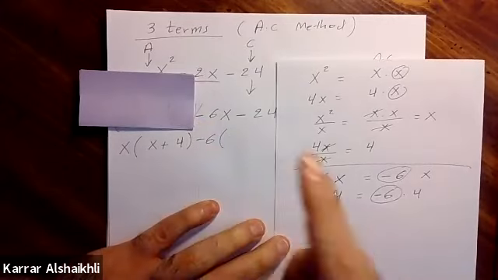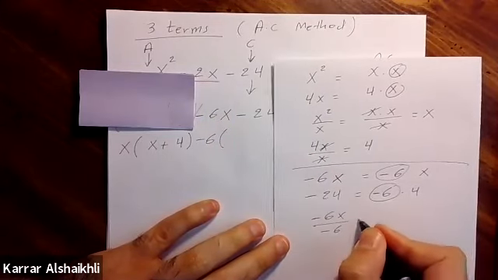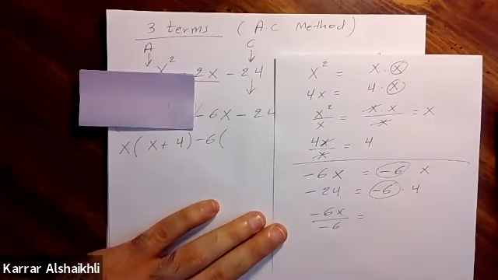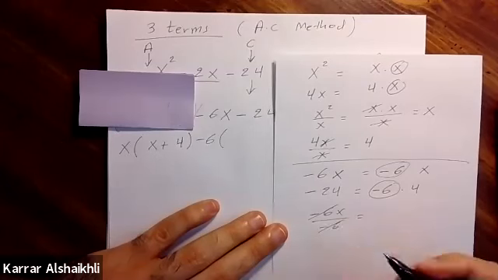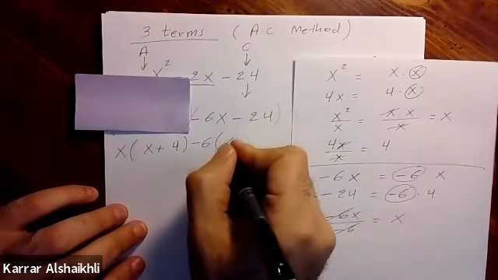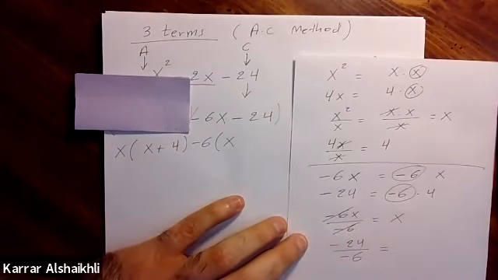Negative 6x divided by negative 6 is going to be what? X. Just x, because you cancel negative 6 with negative 6. So it's going to be just x. So here is the x. Negative 24 divided by negative 6.